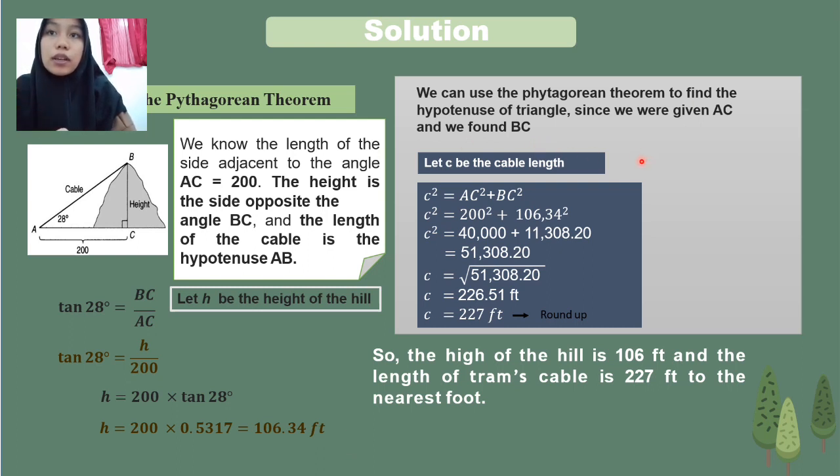We can use the Pythagorean theorem to find the hypotenuse of the triangle. Since we were given AC, we found BC. Let C be the cable length. So C squared equals AC squared plus BC squared.